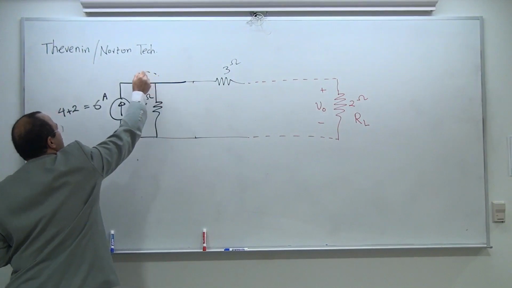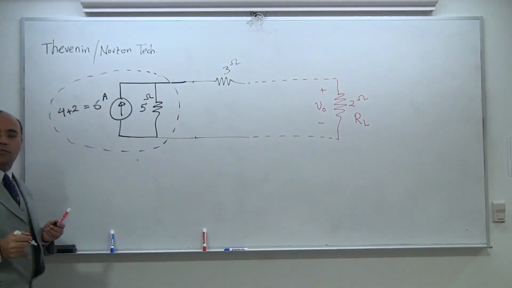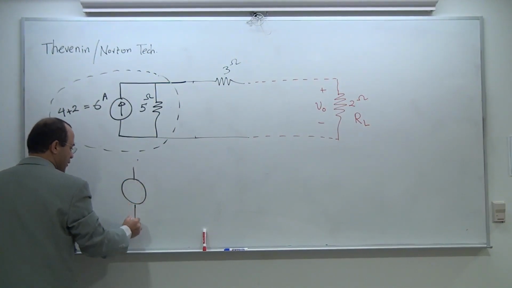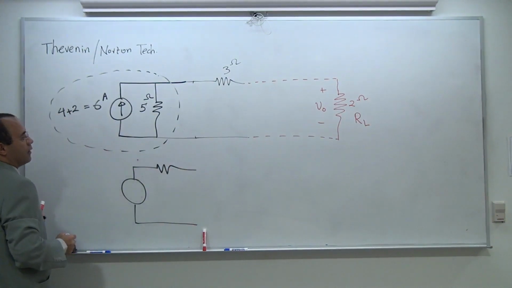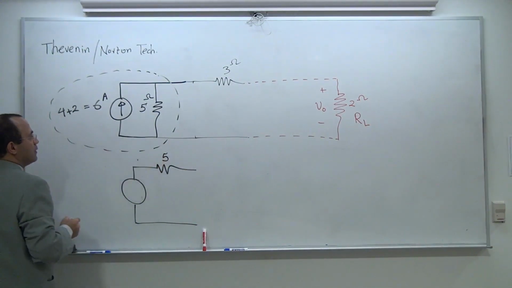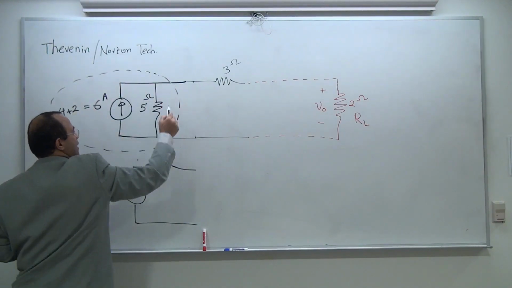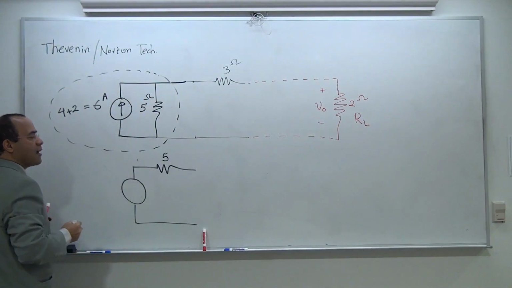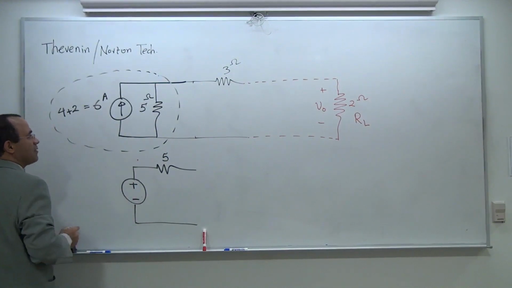But I have the luxury of taking this and changing it to a voltage source and a resistor. So here is going to be a voltage source, and here is going to be a resistor. The resistor is going to be the same. For the voltage source, for a moment, isolate this section and have this as open. The current source comes in, hits the head of the 5 ohm, creating a plus on top and a minus at the bottom.